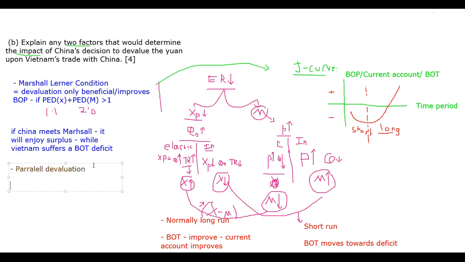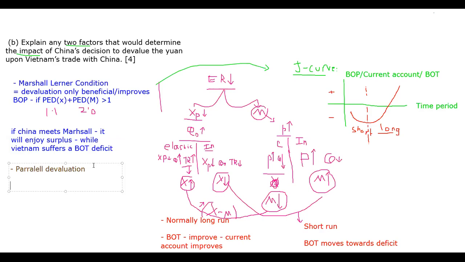If China tries to increase its supply of yuan and hence push down its exchange rate relative to the Vietnamese currency, but Vietnam tried to do the same, it would depend on whose attempt was more substantial.